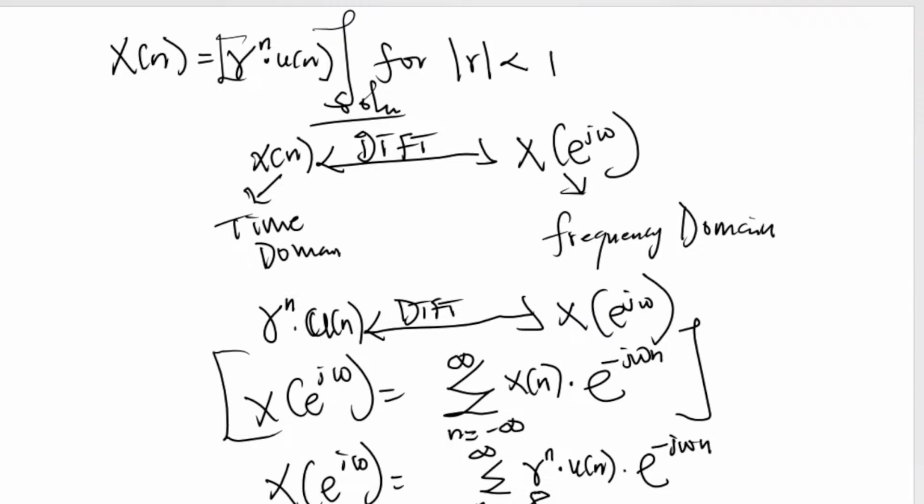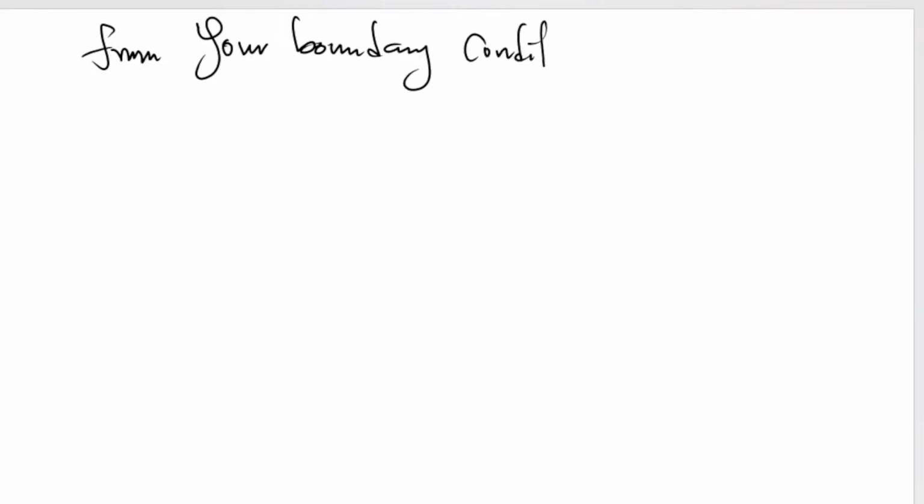you represent that value with 0. Now look at your boundary condition. You were given the boundary condition that n goes from minus infinity to infinity. So what do you think will be your new boundary condition? From your boundary condition, you were given minus infinity to infinity, right?